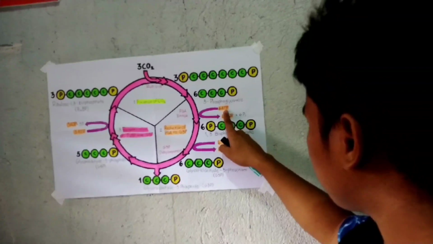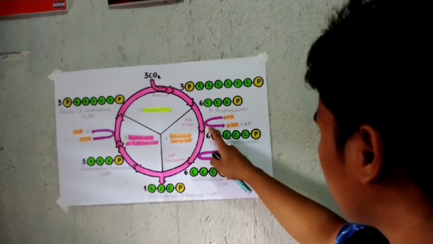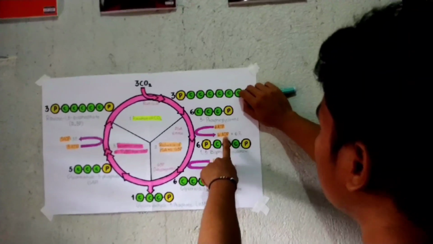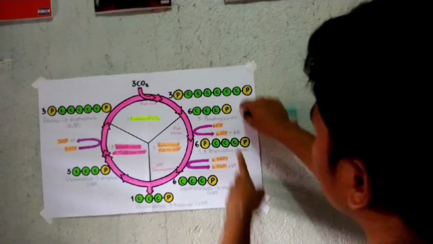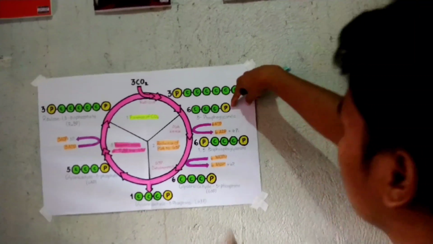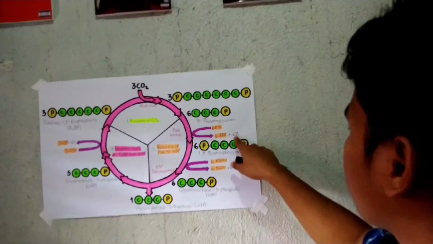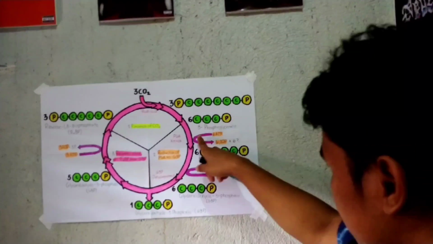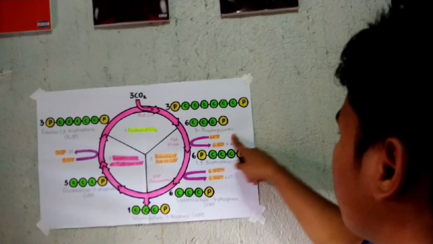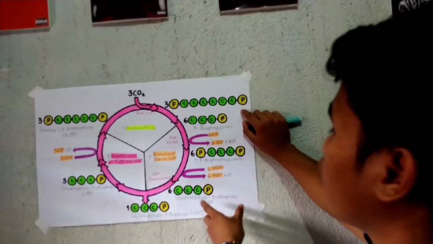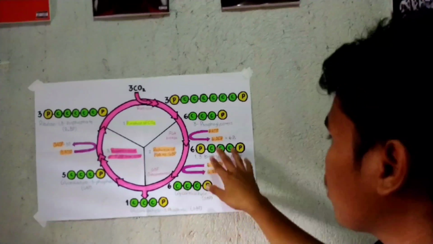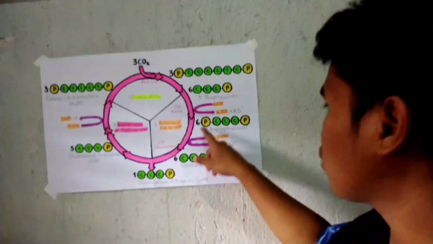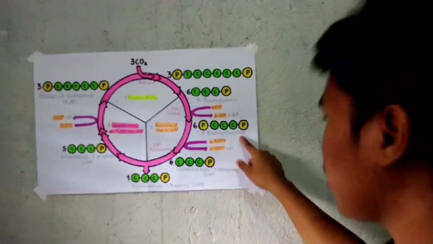When ATP enters the process, it will turn into ADP and give its phosphate to the 3-phosphoglycerate. This phosphate will be accepted by the 6 PGA, and it will look like this: it carries 3 carbons and 2 phosphate groups, and it is called 1,3-bisphosphoglycerate.